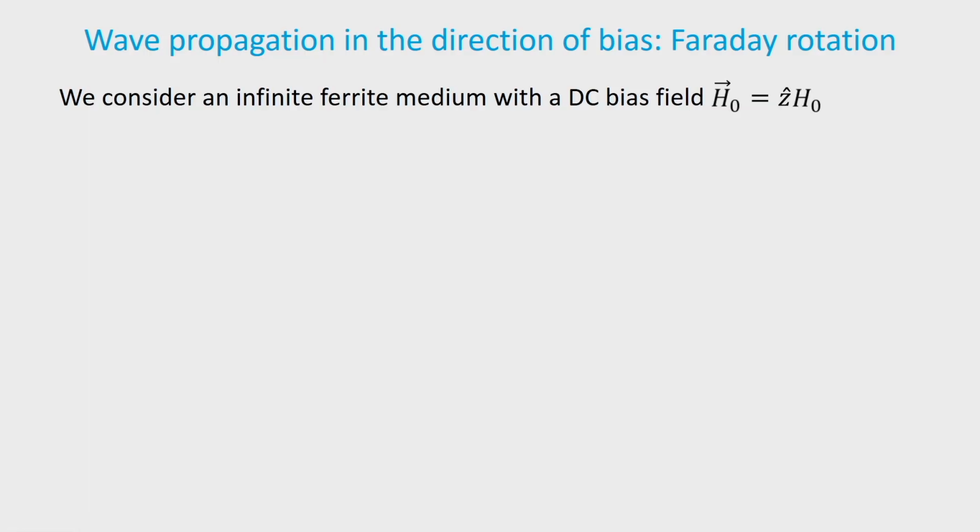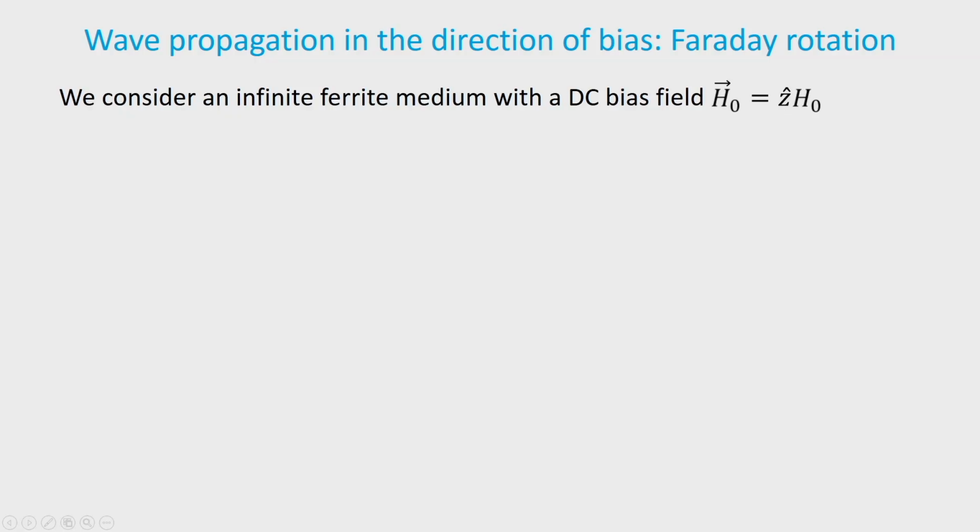Faraday rotation is essentially a rotation of the wave polarization as the wave propagates in the media. This effect is utilized in the design of devices like isolators. So, let us first consider an infinite ferrite medium with a DC bias field H naught equal to z-hat times H naught.